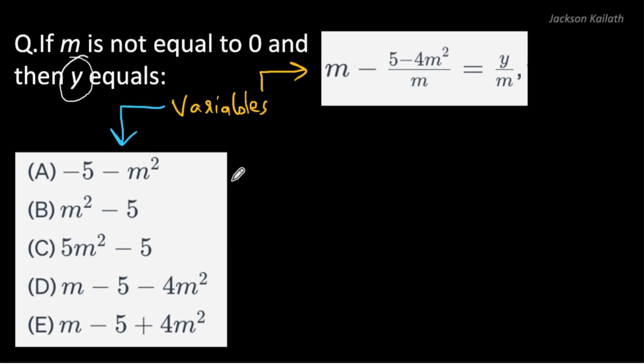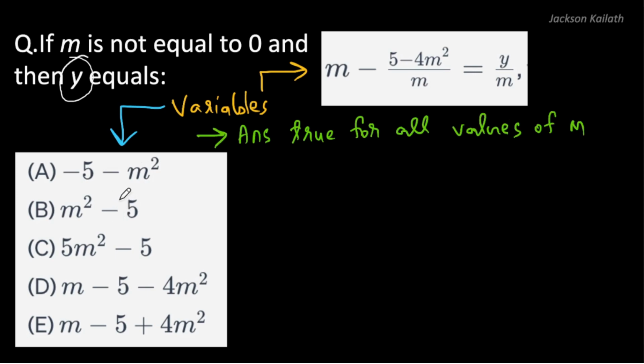If you have such a question, whatever answer you pick, whether it's A or B or whatever, this should hold true for every value of m. For all the values of m, we should get the corresponding value of y.